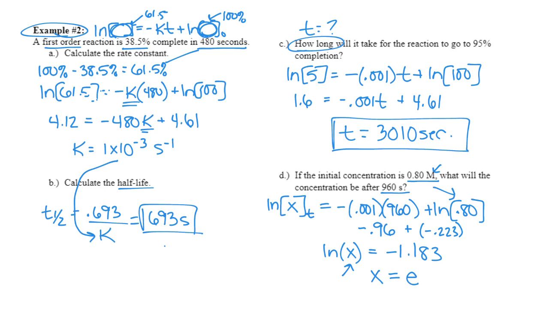So then you can go ahead and do e to the negative 1.183 power and solve for that x value, which is going to give me my concentration after 960 seconds. So it's 0.306.